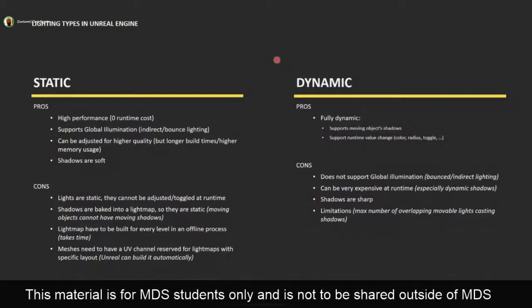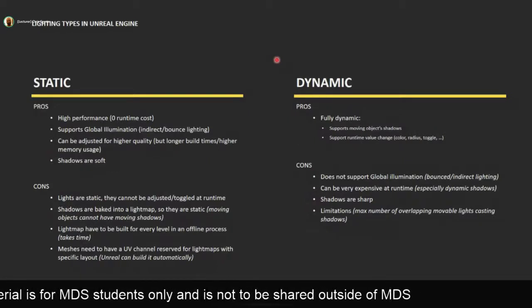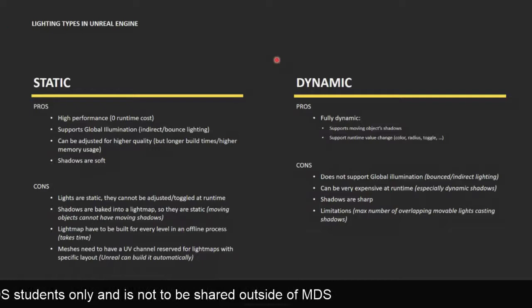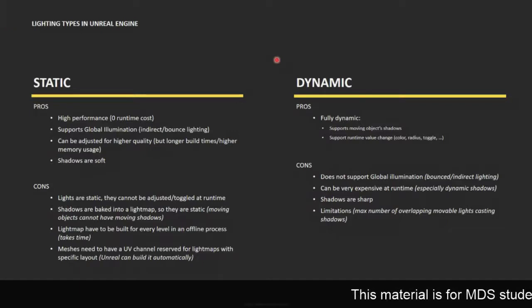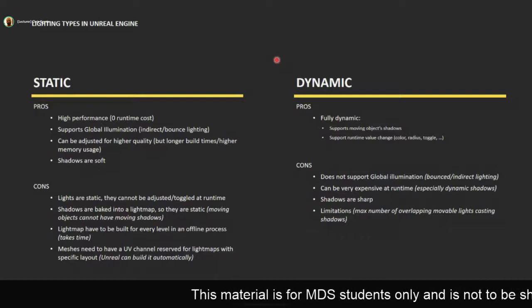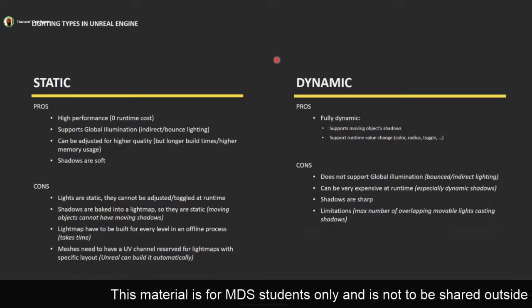The other con, and that's something that if you guys can remember would be great, is that when you have a static lighting setup, the meshes in your level need to have a specific UV channel for the light maps for these textures to be inserted in. If you don't know what a UV channel is right now, it's not too important.